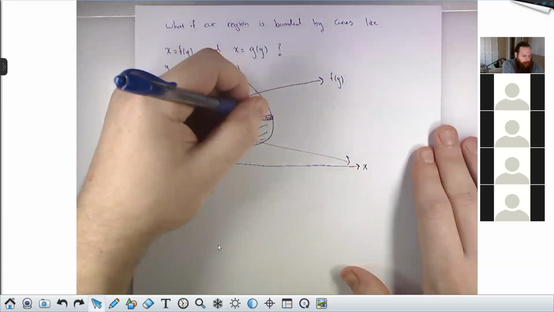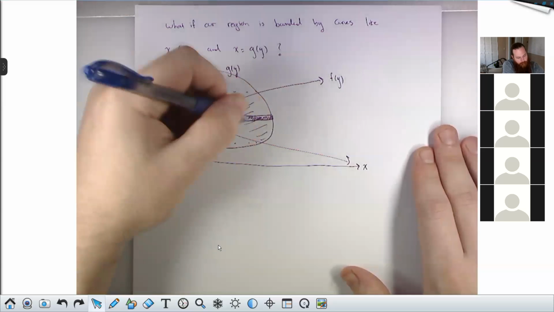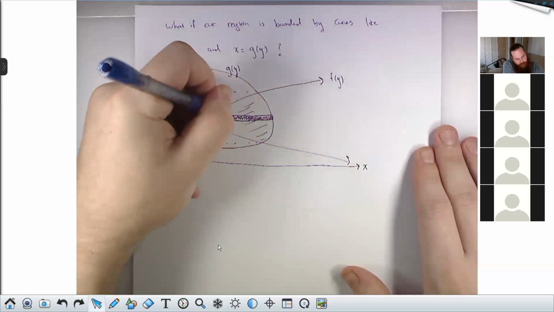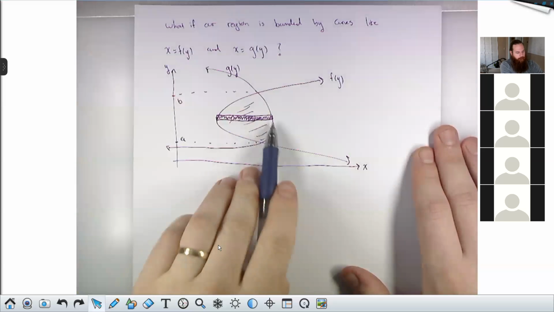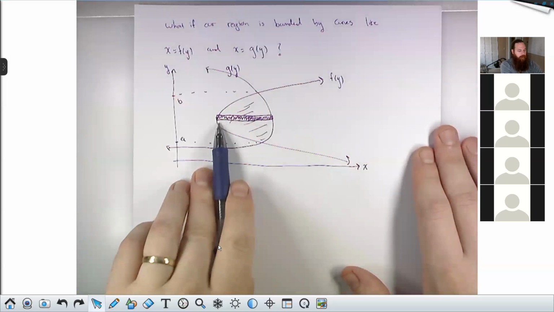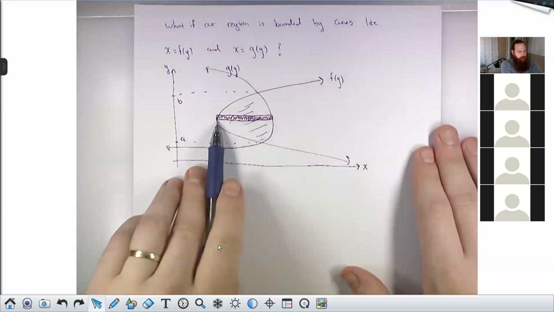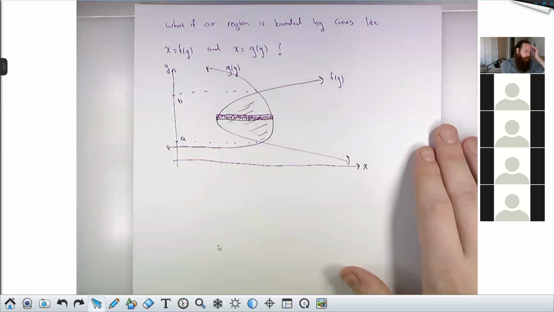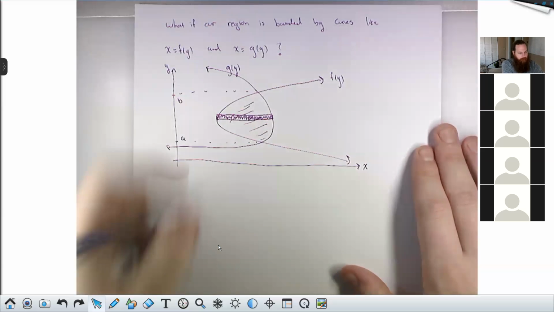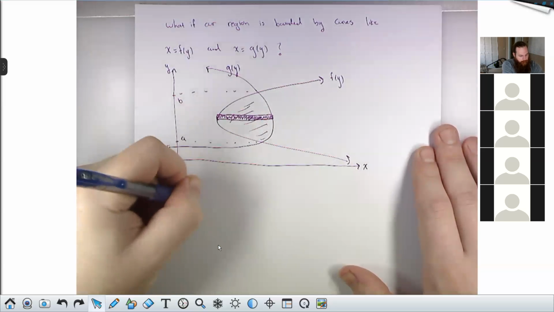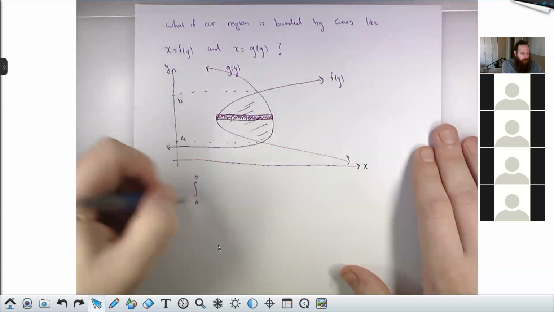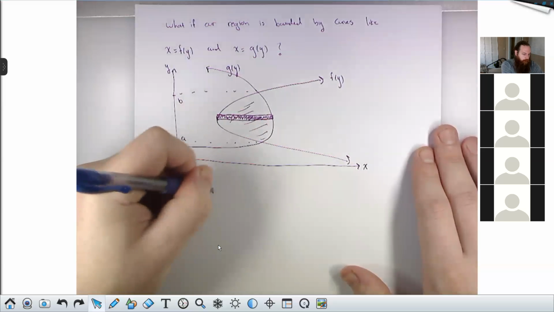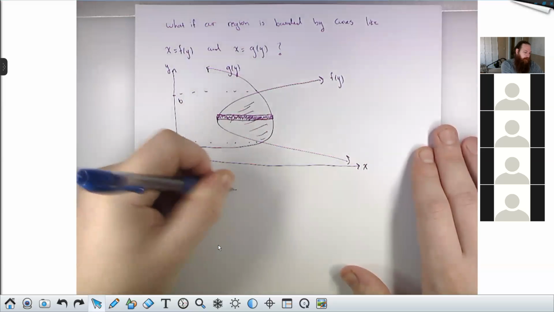The height of my little Riemann sum rectangles, if I was doing this as a Riemann sum, would come from this x value minus this x value, or the rightmost minus the leftmost. So just like in the normal case, you integrate upper minus lower, here you would integrate from a to b, and those are y values, the right function minus the left.